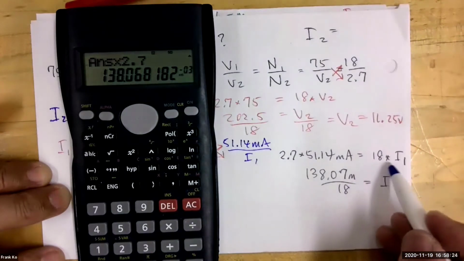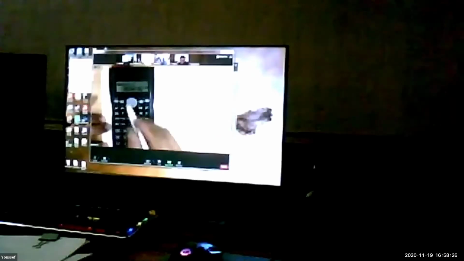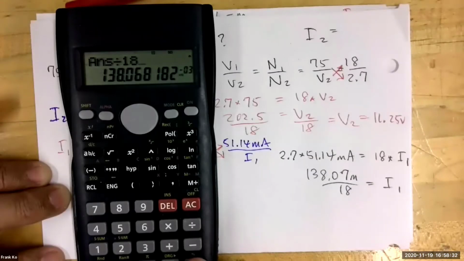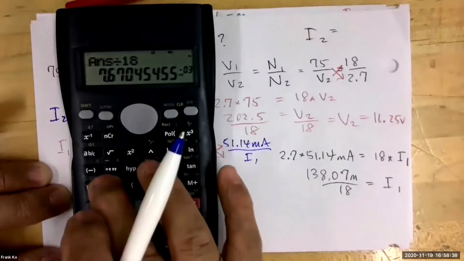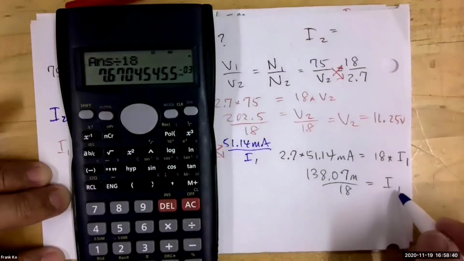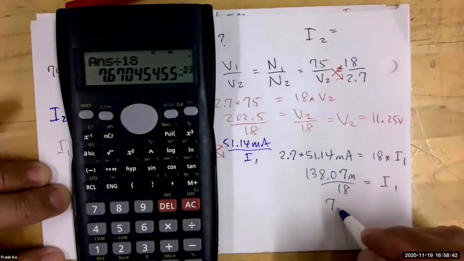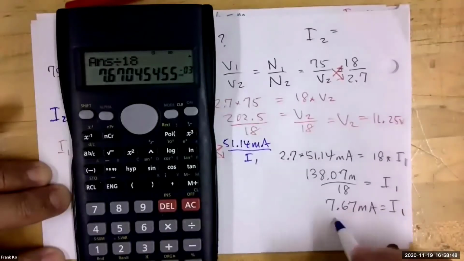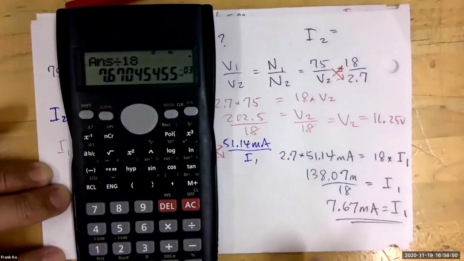Because I'm going to divide both sides by 18. So divide that by 18. Now what do you get, Yusuf? 7.67 milliamps. Current, yes, amps, milliamps. 7.67 milliamps, okay?